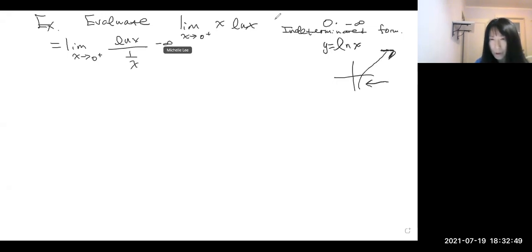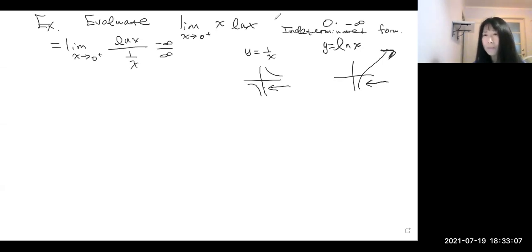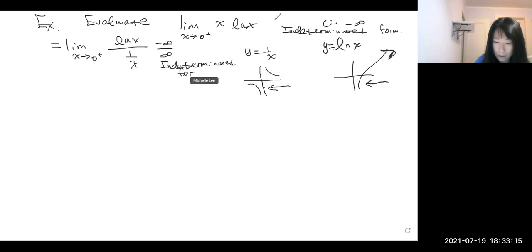When x approaches 0 from the right, 1 over x is a positive infinity, right? Okay. So it's negative infinity over positive infinity, which is an indeterminate form. Now we can use L'Hopital's rule, right?